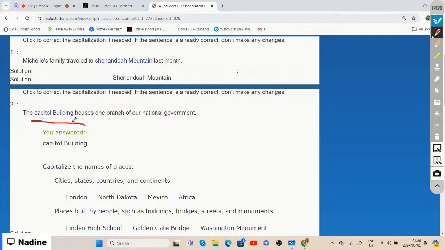But then the word "capitol" also needs to be written with capital letters. So Capitol needs to be capitalized.